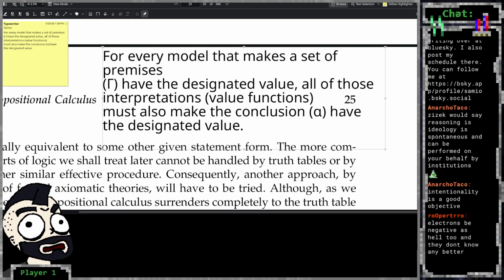But we can go even further beyond. We can create a definition of inference that does not have to do with values or interpretations at all.